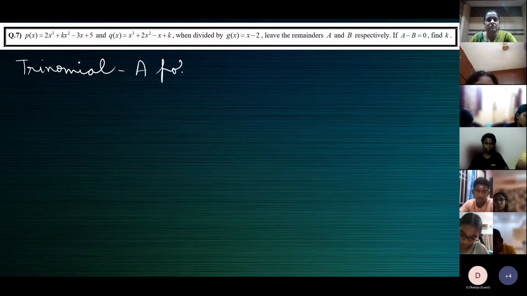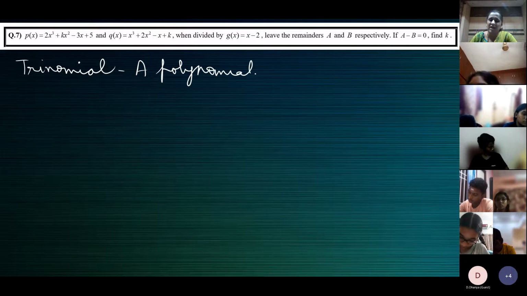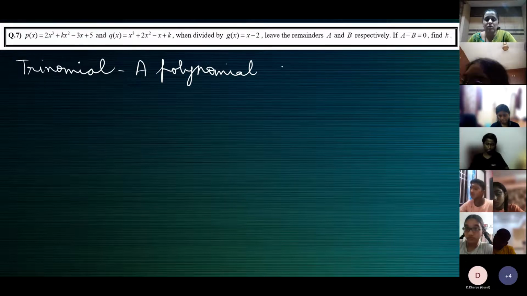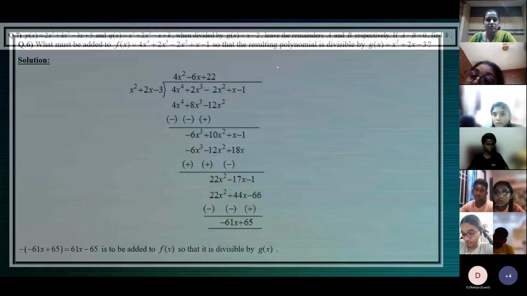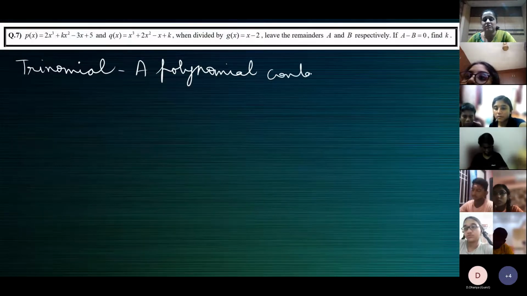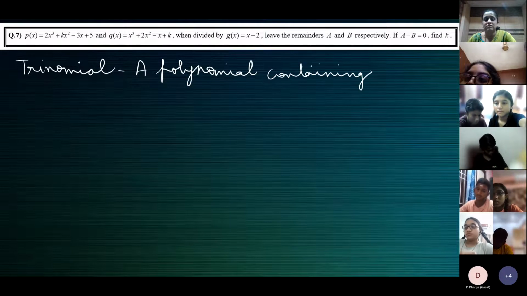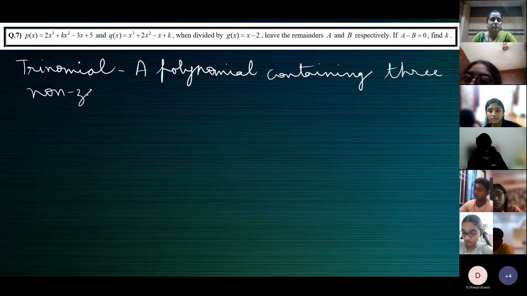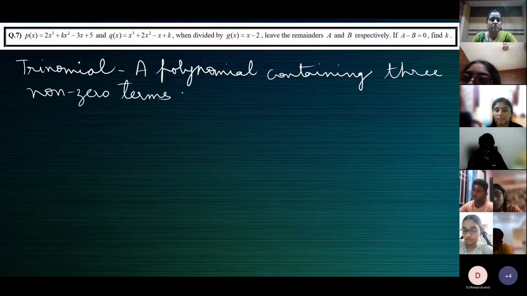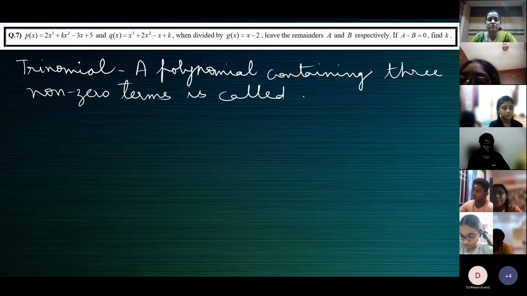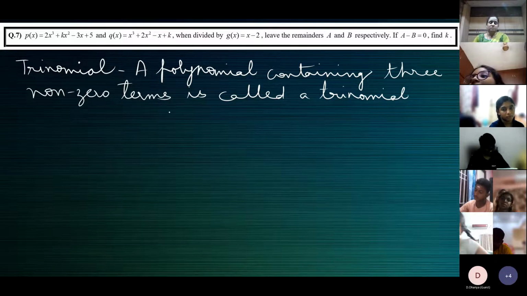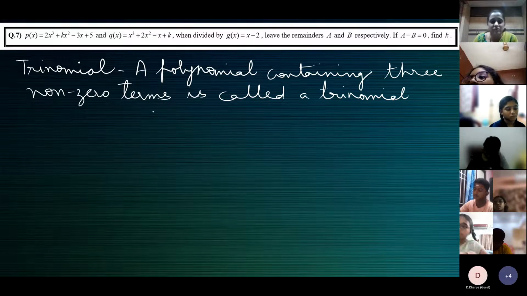A polynomial containing, a polynomial having, so I don't know what I wrote earlier, whatever, a polynomial containing 3 non-zero terms is called a trinomial. 3 non-zero terms. Nobody should be 0.